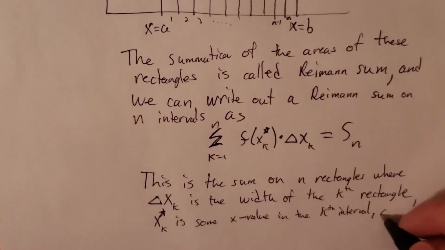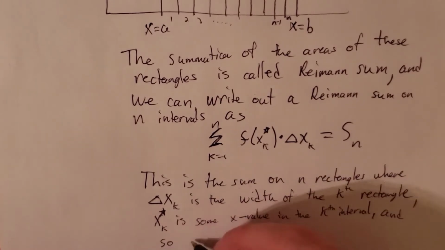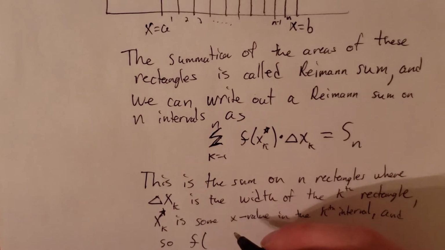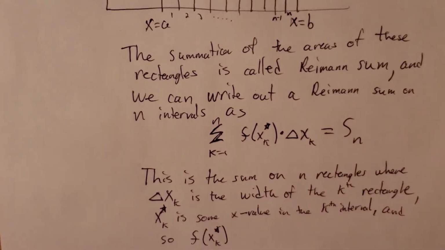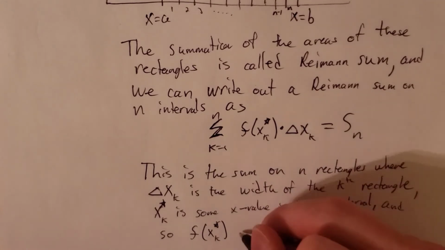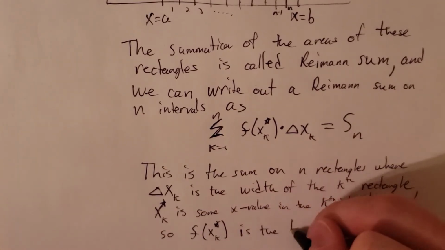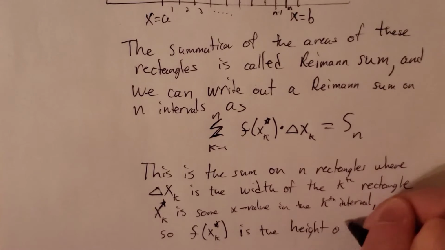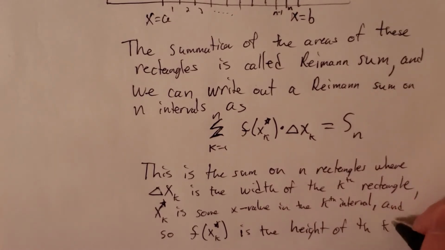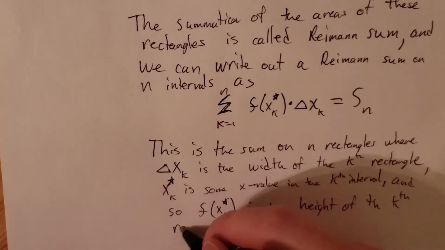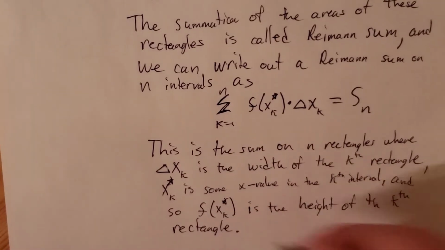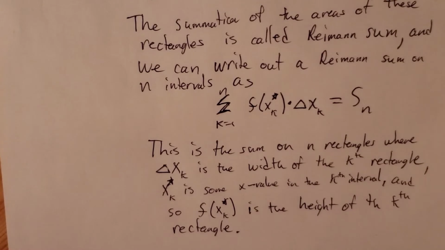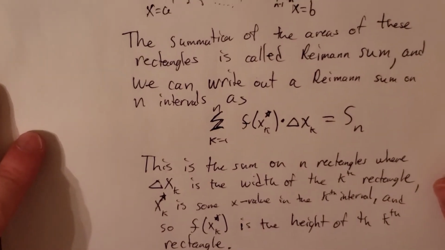And so what does this mean? That means that f of x sub k star, if we just evaluate the function at that point, that is the height of the kth rectangle. And so what do we have here?